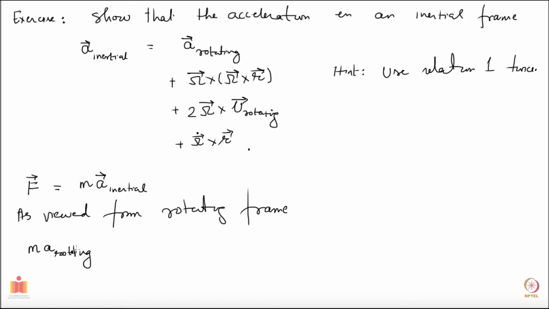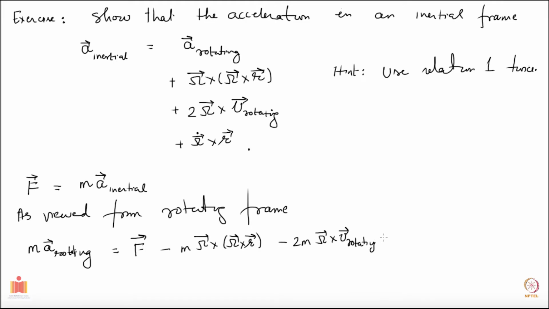M times A rotating. Okay, so that's what you will see, and this will be what? M times A. So I multiply throughout, and here M times A inertial will be the force, which is the true force on it. So I get the force minus all these terms here multiplied with M. So you'll have minus M omega cross omega cross R. Then you have minus 2M omega cross V in the rotating frame.